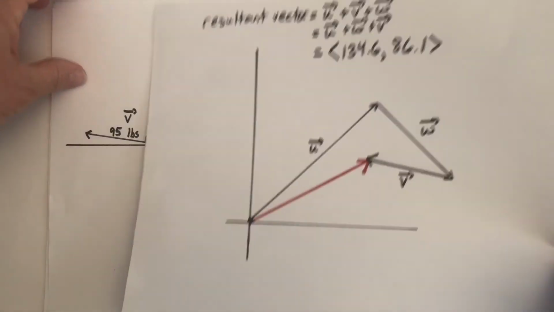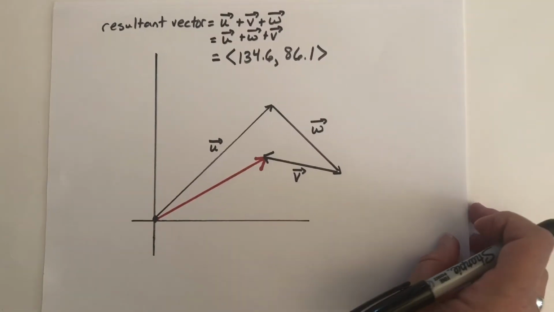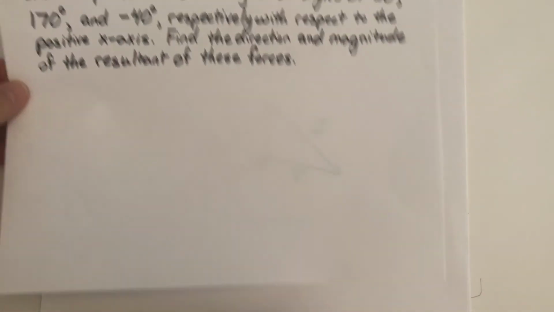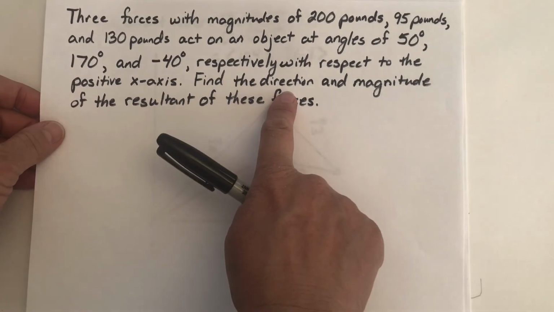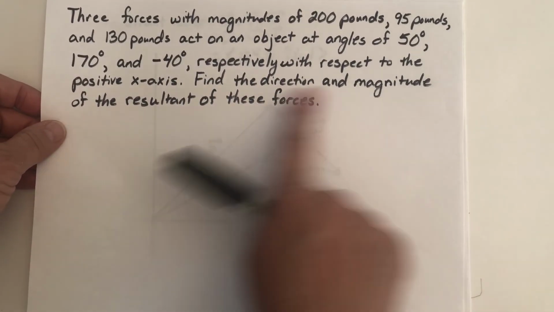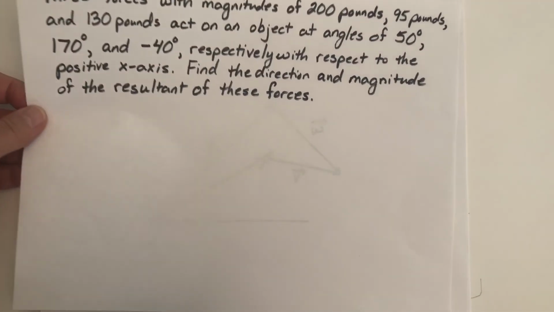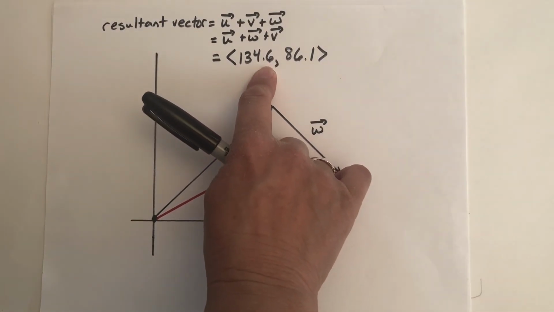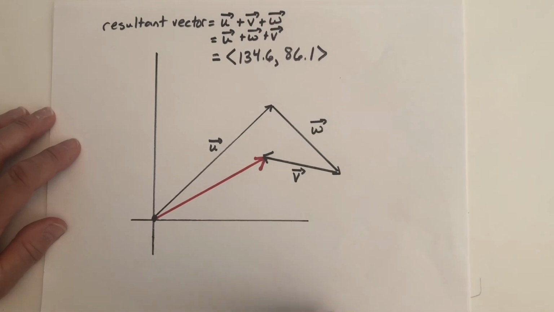So we have our component form of the resultant vector. But let's see, what was the question? The question was to find the direction and magnitude of the resultant. So we have the vector now in component form. All we need to do is find its direction and magnitude.